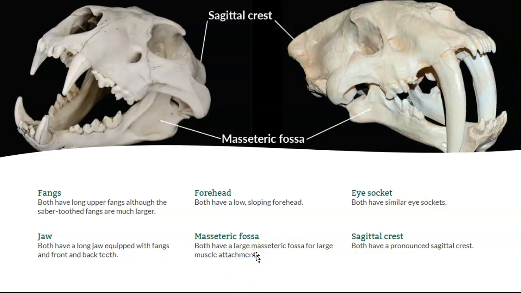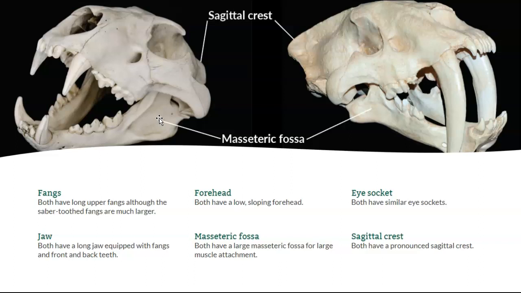Masseteric fossa, and that is noted here if you weren't sure of that structure. Mastication is chewing. So this is a connection point for that large muscle that controls the jaw.